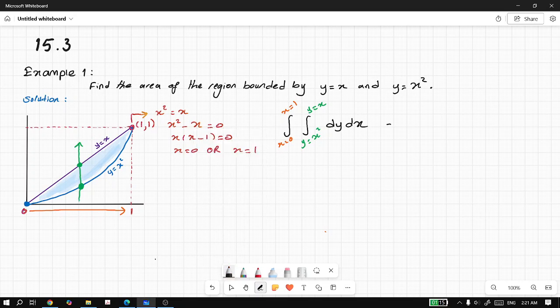It gives us, with respect to y, the integral of x from 0 to 1. As you know, we are not solving this one first.